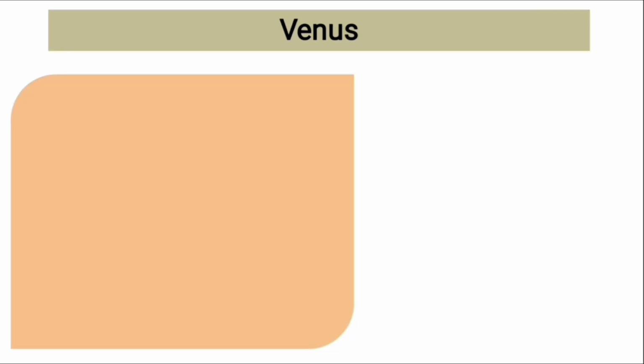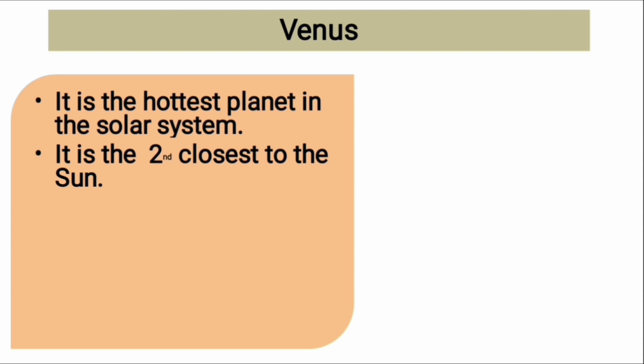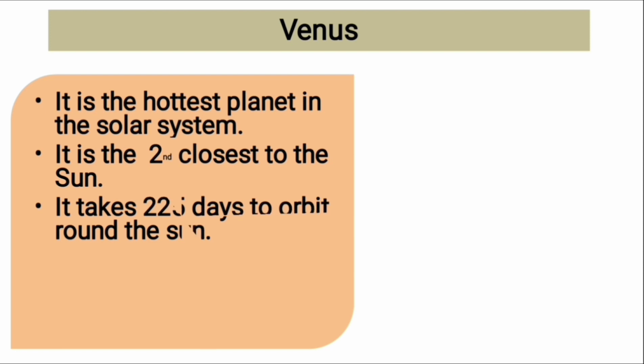Now, Venus. It is the hottest planet in the solar system and it is the second closest to the Sun. It takes 225 days to orbit round the Sun.